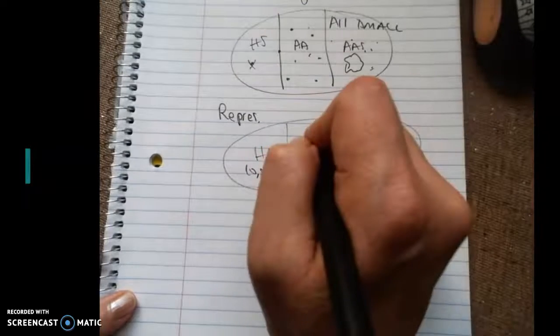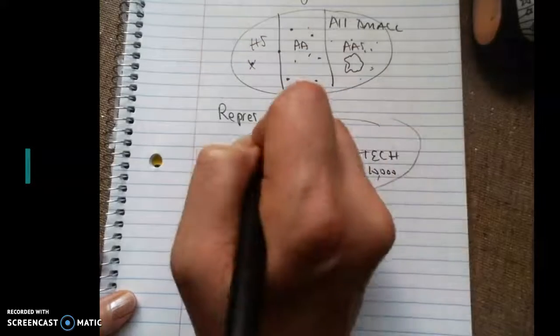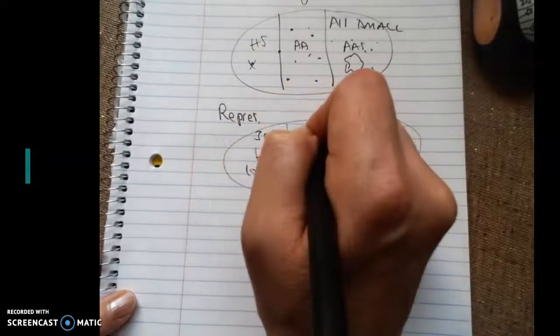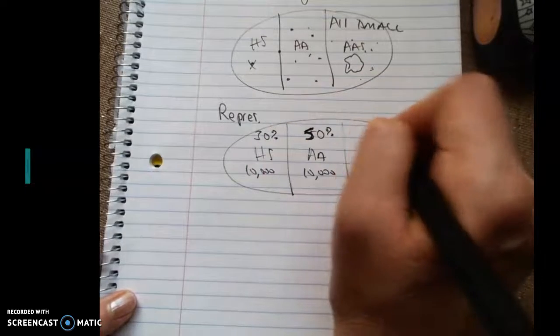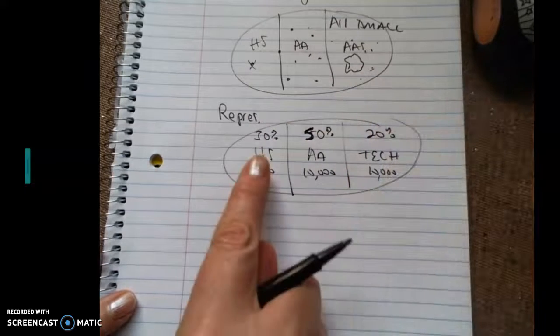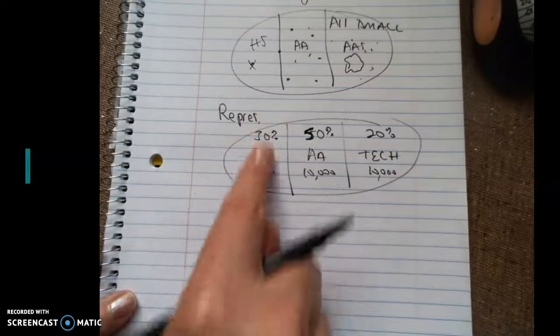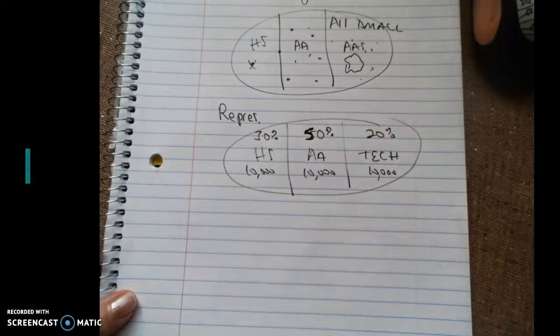I'm just making up numbers here. This isn't actually true, but I just want the numbers kind of easy. It's actually about a third, but we'll pretend that at some college, maybe it's not DMAC, 30% are high school, 50% are AA, and 20% are tech.